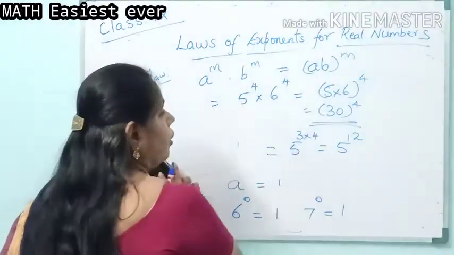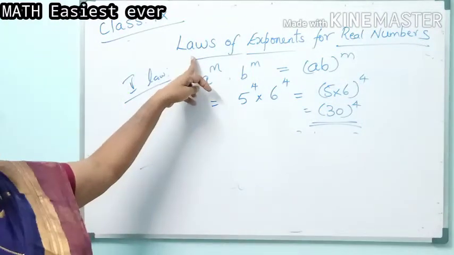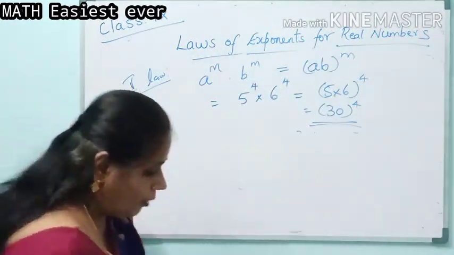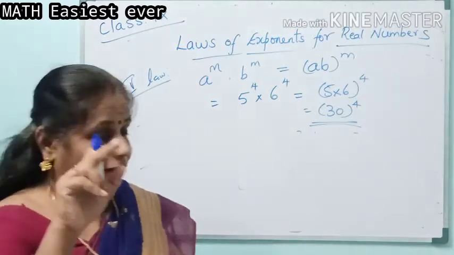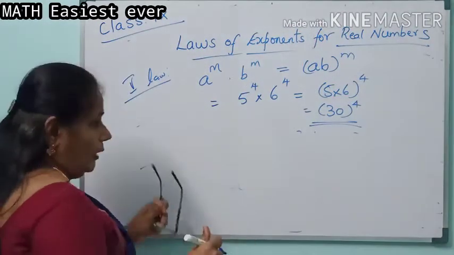So we have recalled all these laws. Using all these laws, we are going to use those laws for real numbers here. Only thing is, in the power you will have rational numbers or irrational numbers.